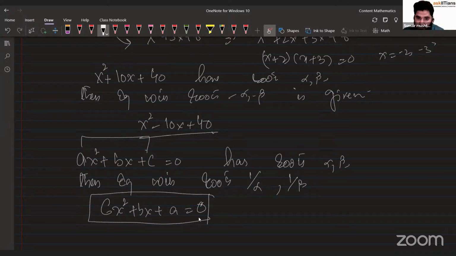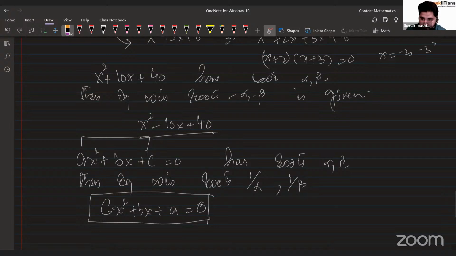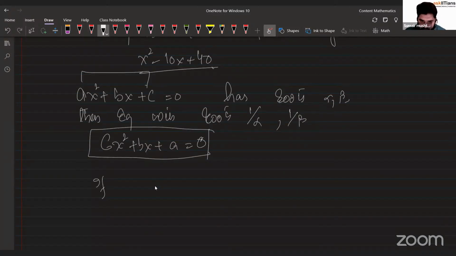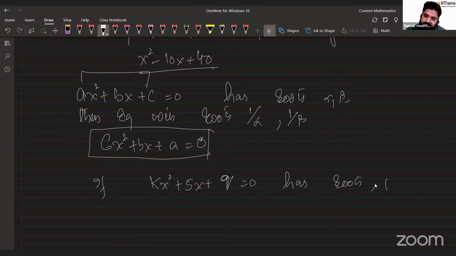Clear? Now, I will ask you a question. If kx square plus 5x plus 9 plus q is equal to 0 has roots alpha, beta, find the equation with roots, see, I will take two conditions.